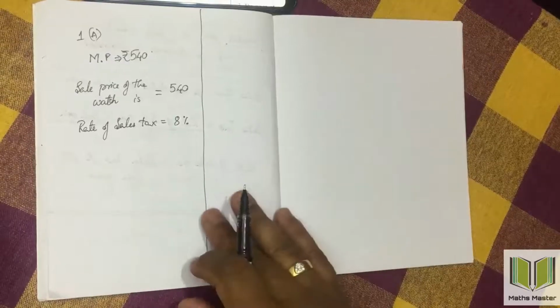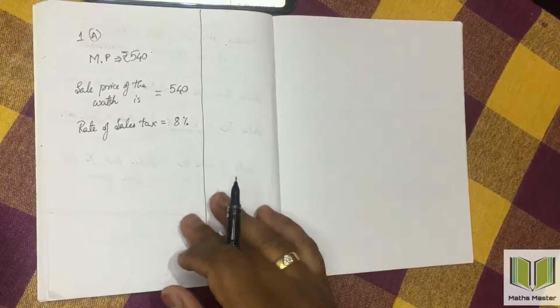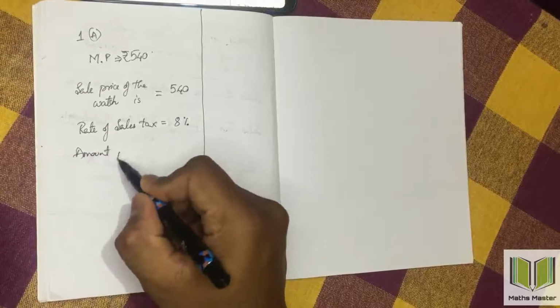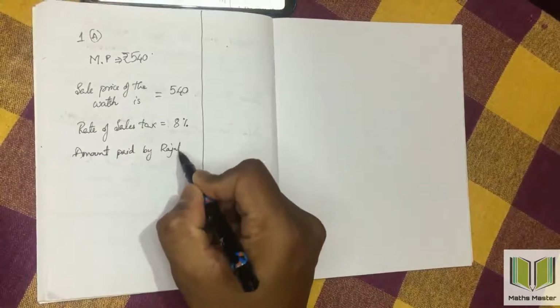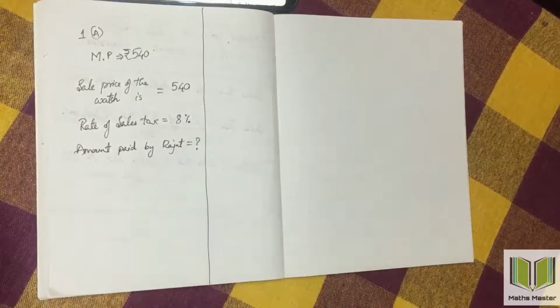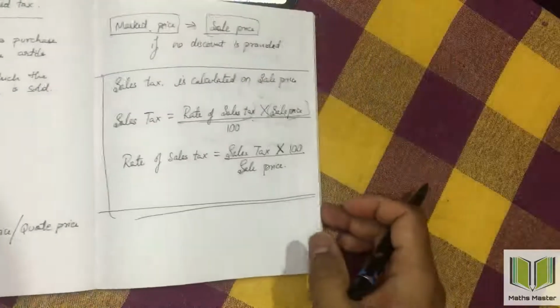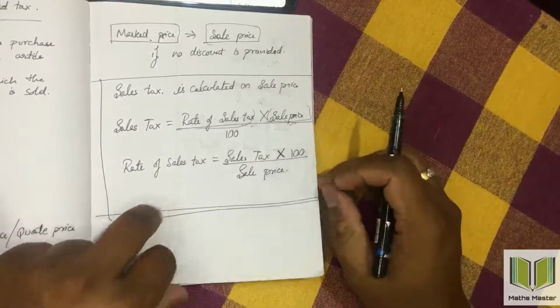Now they are asking you to find the total amount paid by Rajat. Amount paid by Rajat is what they are asking, so I'm putting a question mark for that. Now, by looking at these problems and these formulas, if you can think out a formula, it is good.